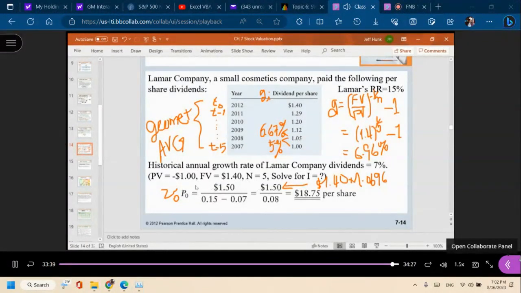That's the dividend at time t plus 1. Then with the cost of equity R minus my growth rate, and there you go. It comes to 18.75.